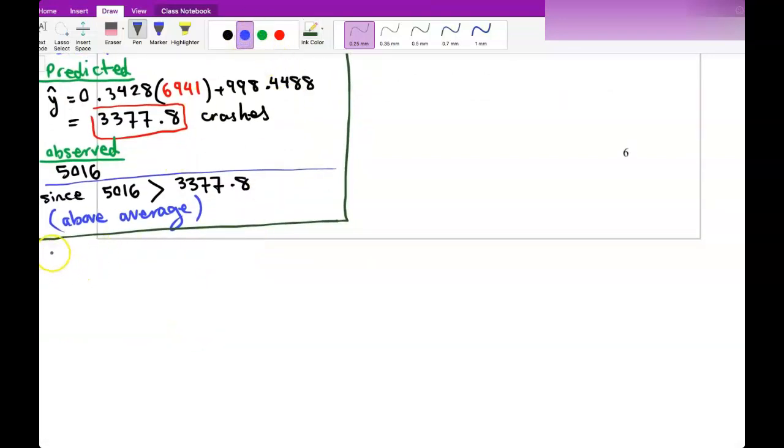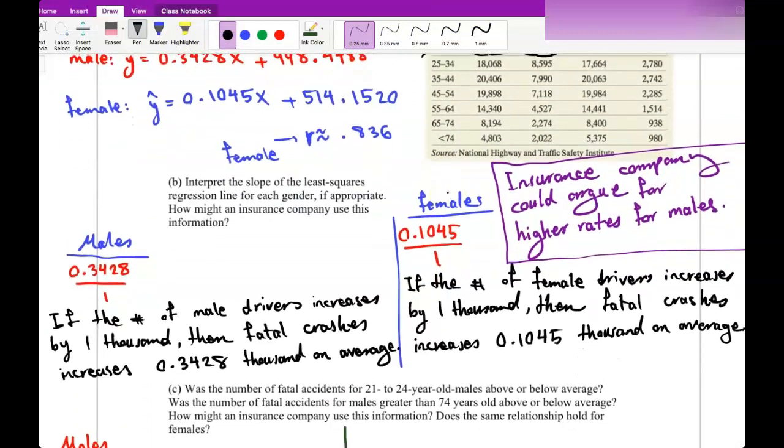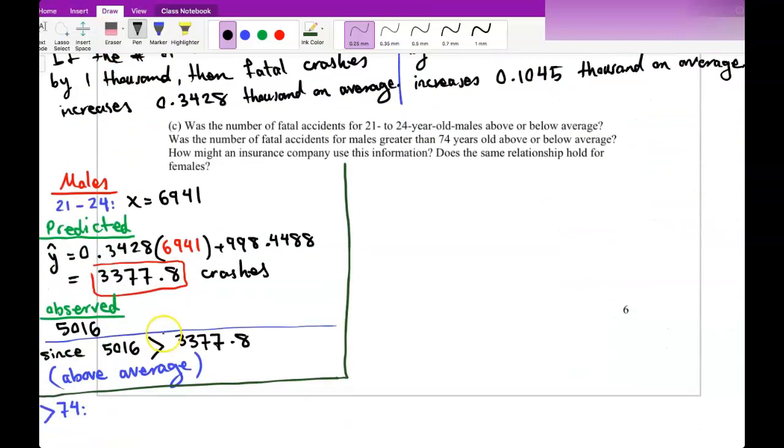Now for the group greater than 74, okay, this should be greater than. X is this one and y is here. So this is observed. So we have x 4,803.